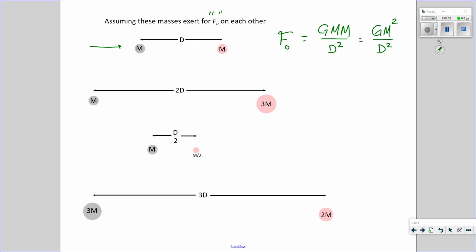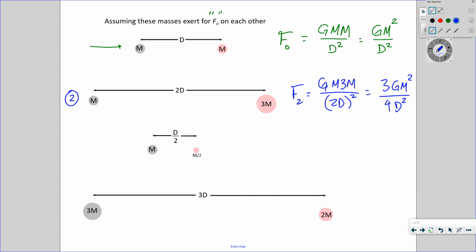So in terms of F naught, let's write expressions for the forces that these other objects exert on each other. Here's case 2. In case 2, F2 is big G, m times 3m over 2d, but that distance is squared. So that's 3 G m squared over 4 d squared.